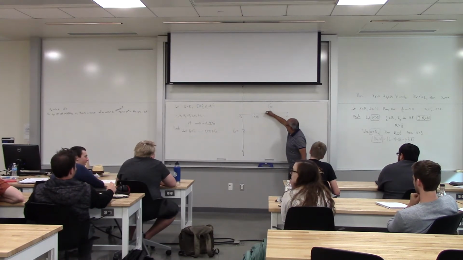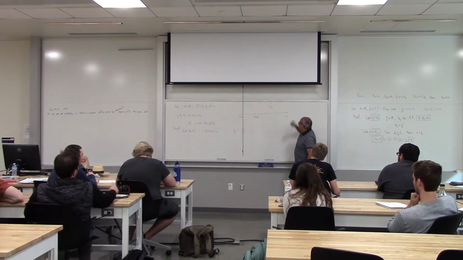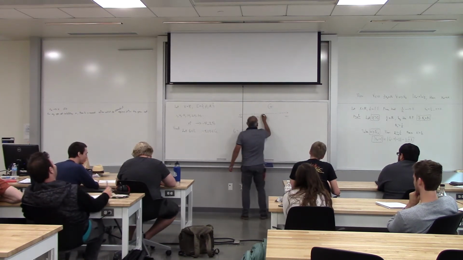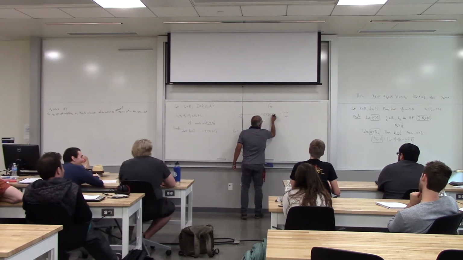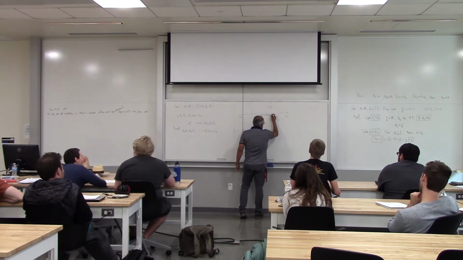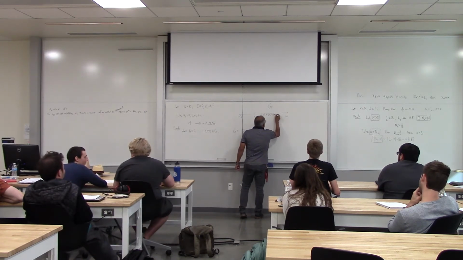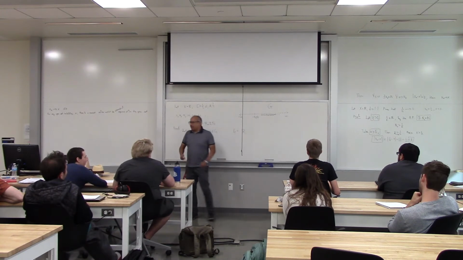The sequence goes like this: 1, 4, 9, 16, 25, 36, 49, 64, 81, 100. The sequence stays there forever. It never leaves, right?